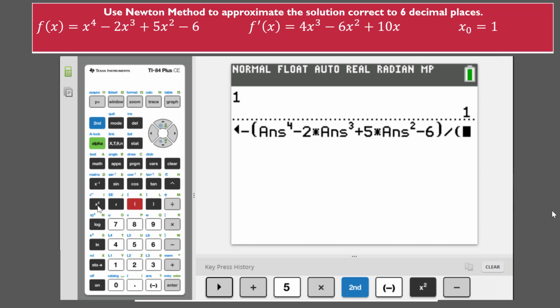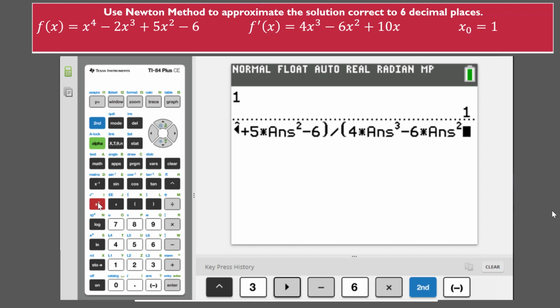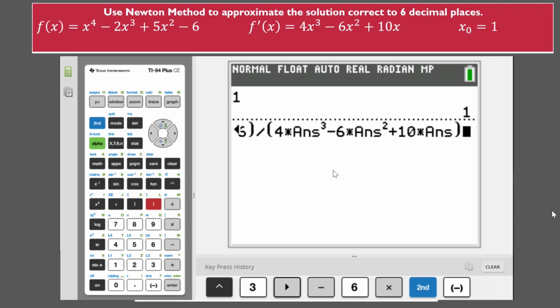So I'm going to have 4 times answer cube, minus 6 times answer squared, plus 10 times answer. And then close the parenthesis. So this is the iteration methods, right?